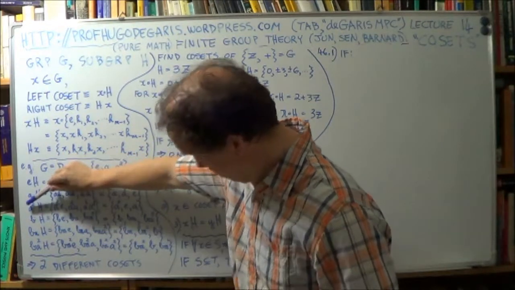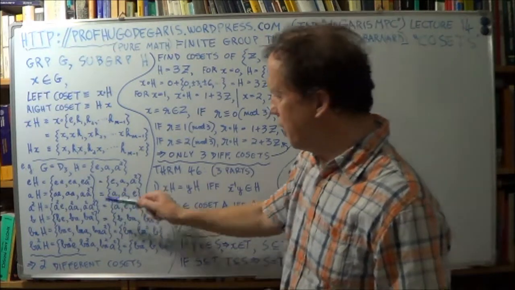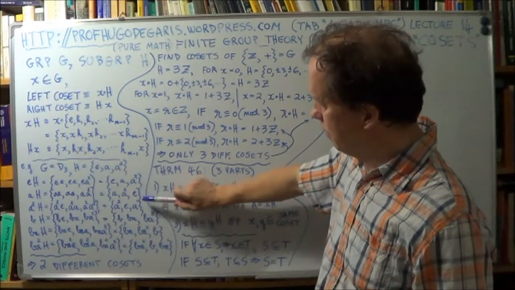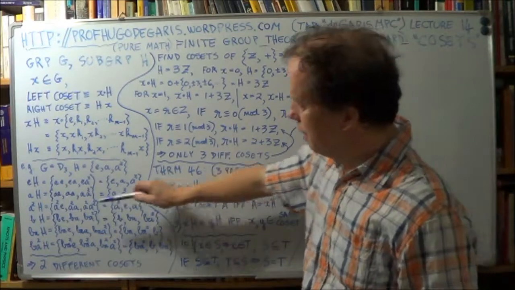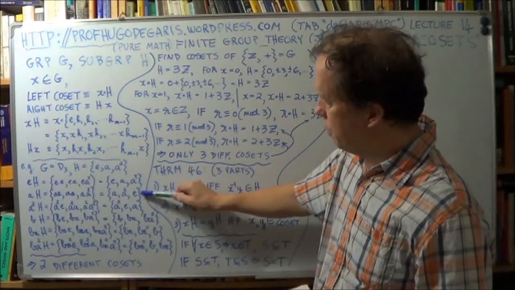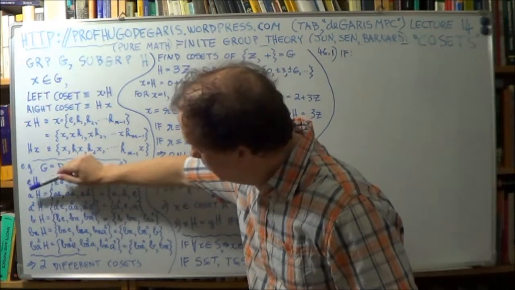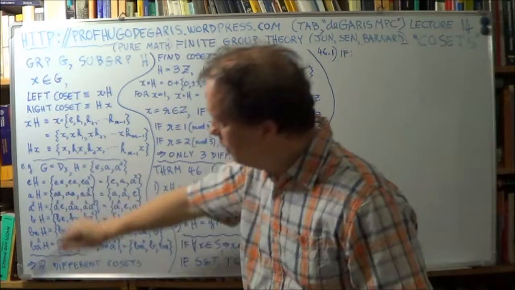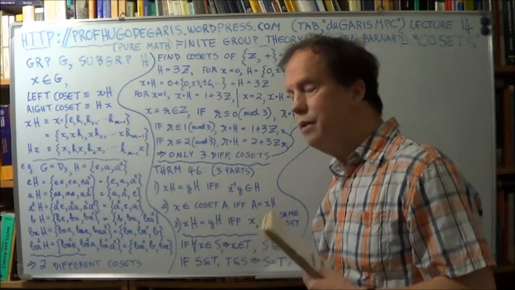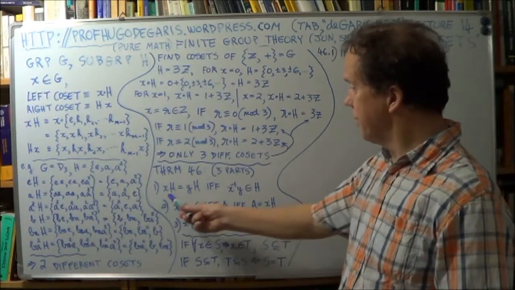Like this is element A, that's element A squared. So if 2 cosets are the same, and these 2 elements are different, is there some kind of relationship that you can form between these two elements? You could ask yourself that question. Be curious.